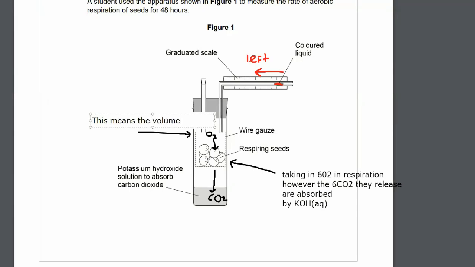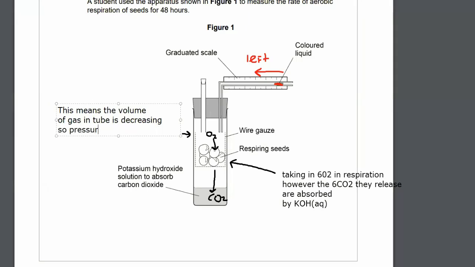So we actually get a net decrease in the amount of molecules in the air in the tube. This decreases the volume, or you can say in the mark scheme it decreases the pressure, because there's less particles in the air. The carbon dioxide being released, which should be swapping for the oxygen one-to-one, is being absorbed in the potassium hydroxide, and the oxygen is being taken in by the seeds. So we've got a net loss of particles in the air. That reduces the pressure in the tube, and the red liquid is sucked along that capillary tube with the graduated scale.